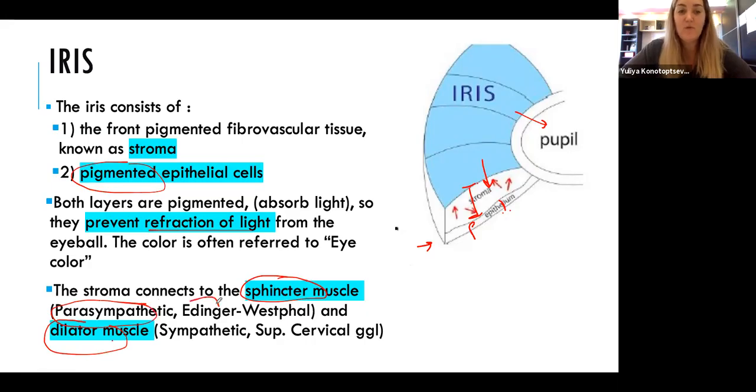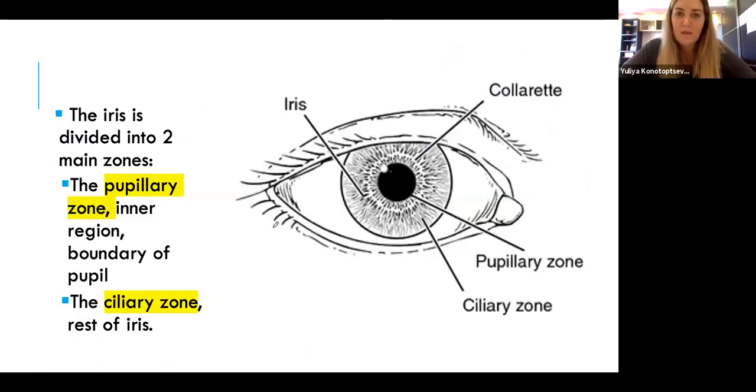Parasympathetic from Edinger-Westphal, sympathetic from superior cervical ganglion. Very important. Okay, so you can see that it's a bit the opposite, right? Here, constriction of the smooth muscle, of the sphincter muscle, is parasympathetic. And relaxation, right, dilator, you're gonna see that it's actually sympathetic.